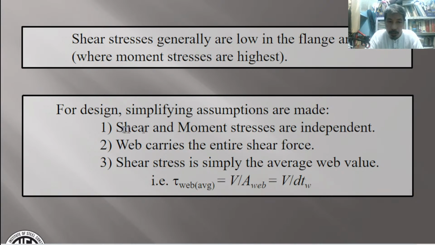Number 1, shear and moment stresses are independent. Number 2, the web carries the entire shear force because flange shear is negligible. They have to resist shear of very small magnitude, negligible. Shear stress is simply the average value over the web. So let's just compute the average then. That is the shear, like this.